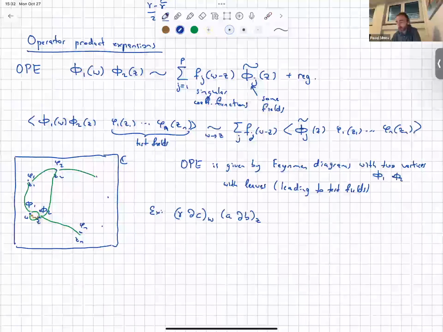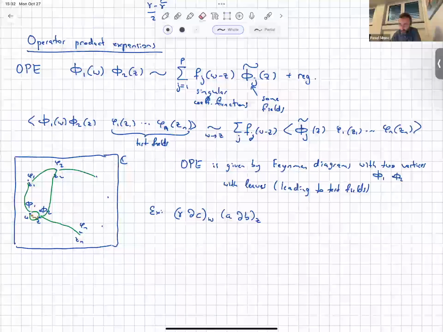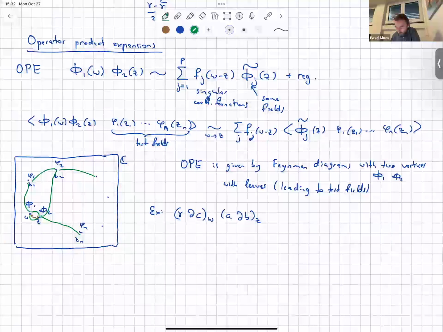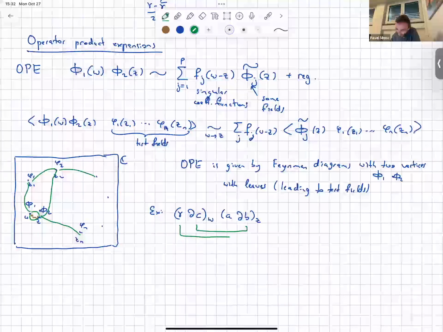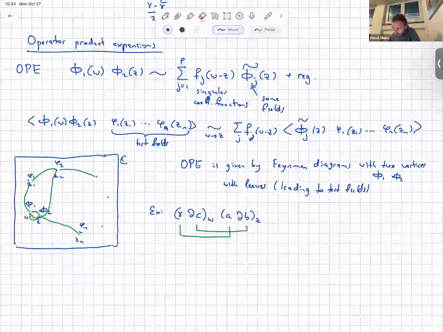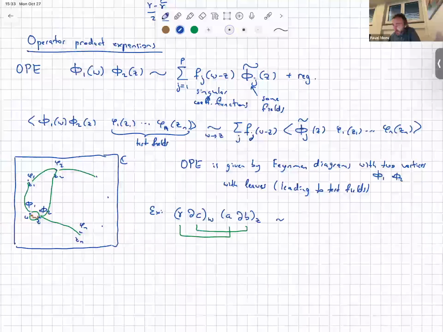Here I can entertain partial weak contractions, which is tantamount to saying that I'm looking for graphs with leaves. One possibility is to contract both C and B and gamma and A, and then the test fields are contracted in some way. That will give us -1 over W minus Z squared. Sorry, cube, actually, cube.